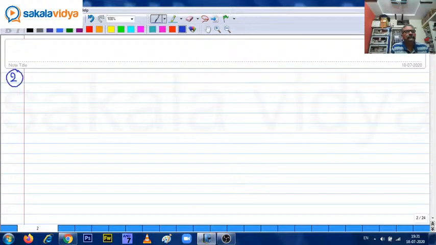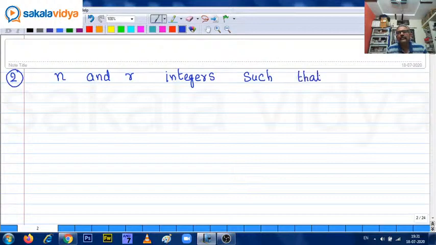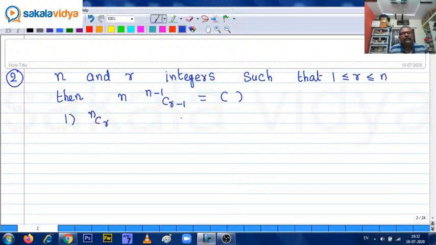Second question. N and R integers such that 1 less than or equal to R less than or equal to N. Then N times N minus 1 CR minus 1 equals: first option NCR, second option N times NCR, third option R times NCR, fourth option N minus 1 times NCR.